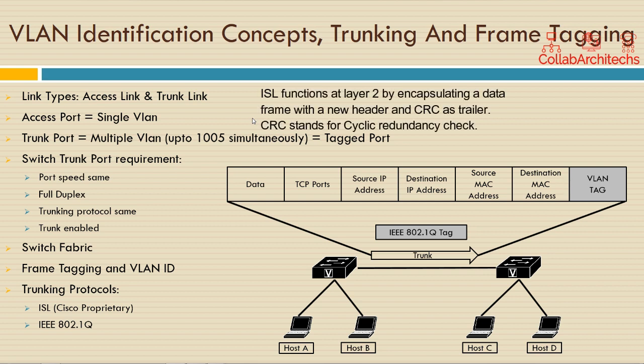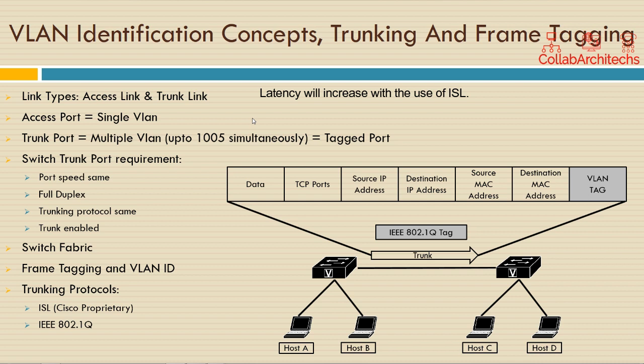ISL functions at layer 2 by encapsulating a data frame with a new header and CRC as trailer. CRC stands for cyclic redundancy check. Latency will increase with the use of ISL.